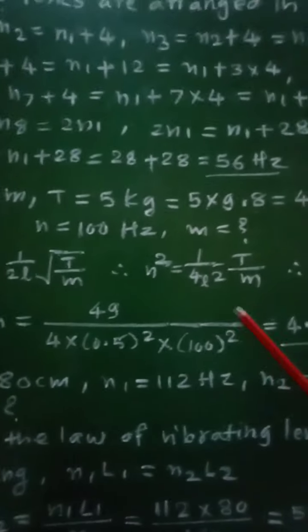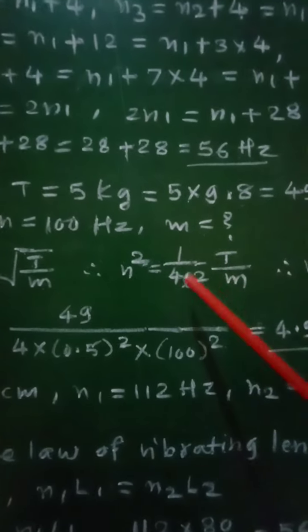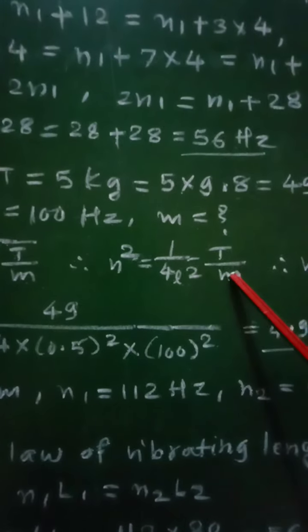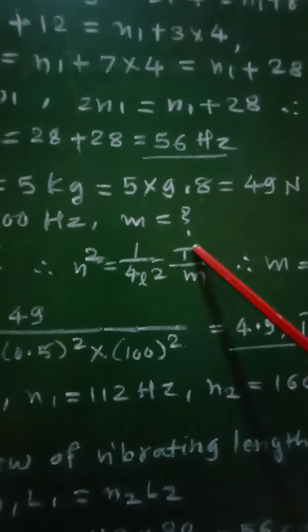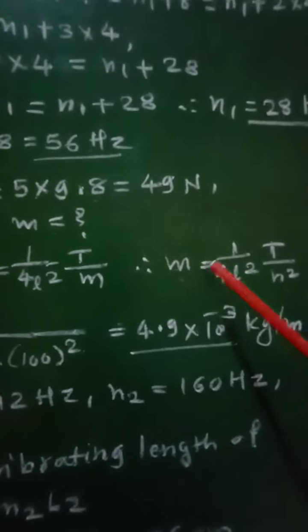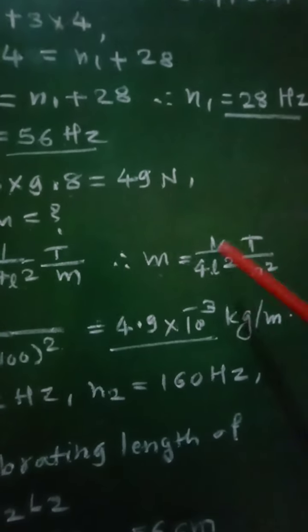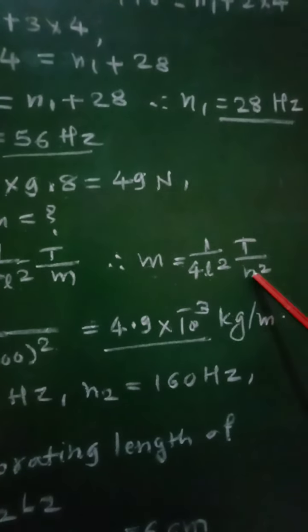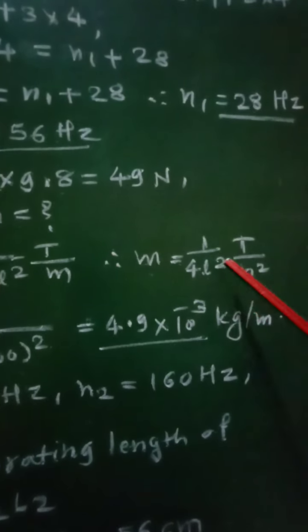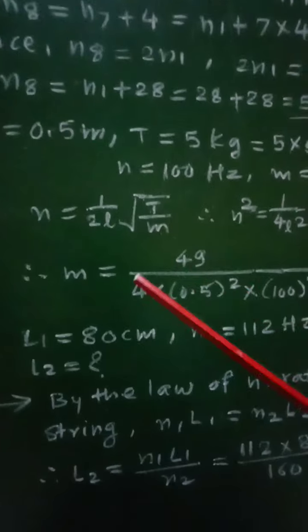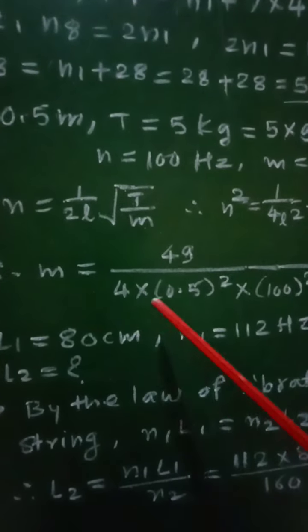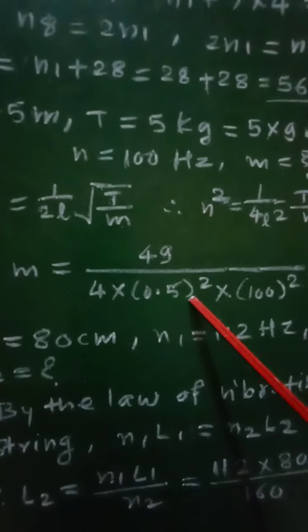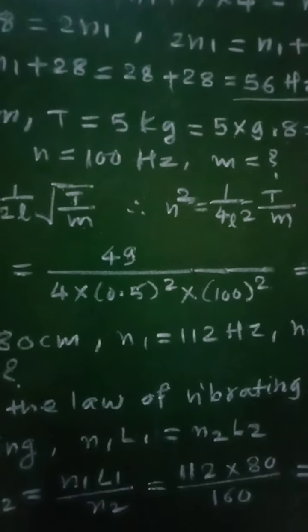Squaring this, we will get N square equal to 1 upon 4 L square into T by M, and therefore from this M will be equal to 1 upon 4 L square into T by N square. Now putting the values, we will get M is equal to 49 upon 4 into 0.5 square into 100 square.